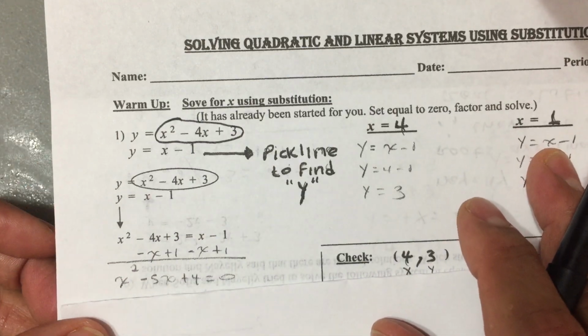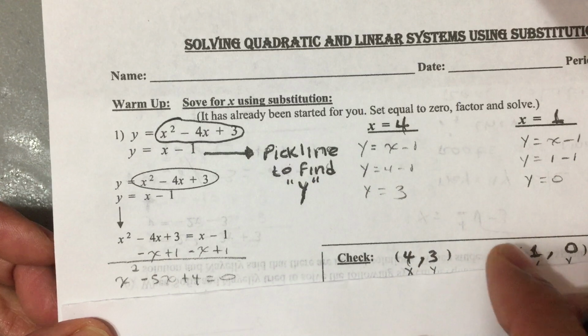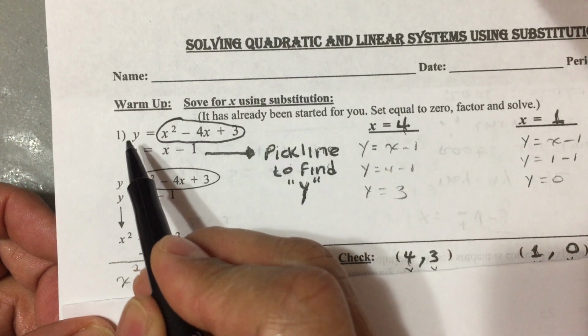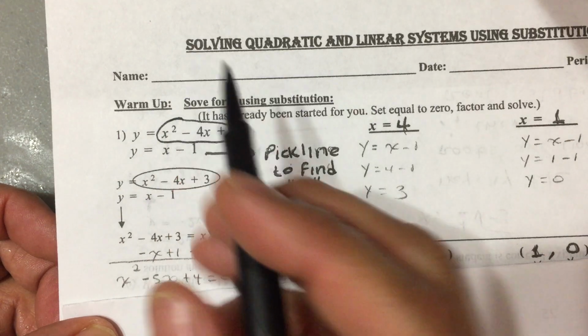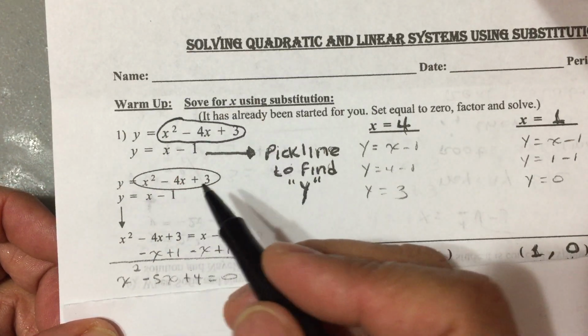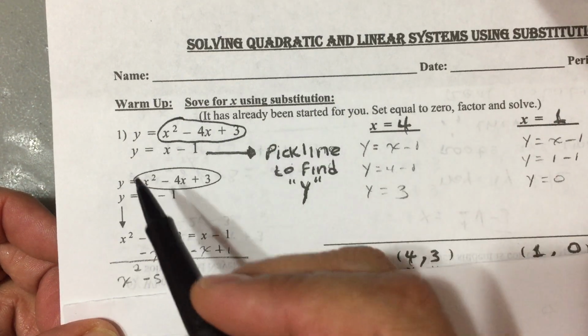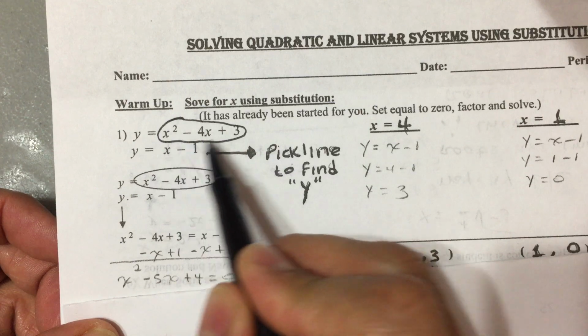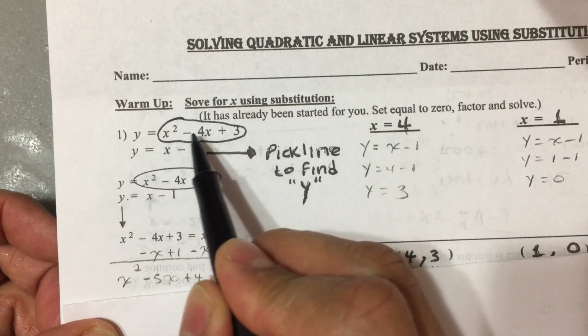So now that I have those equal to each other, I usually say to you guys, when you have two y's isolated or two variables isolated, just set them equal to each other, okay? But in this case, it's the same thing as saying substitution because I'm substituting this y for that part right there of the first equation.